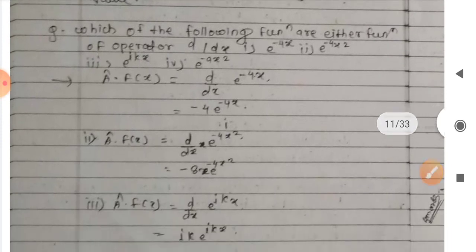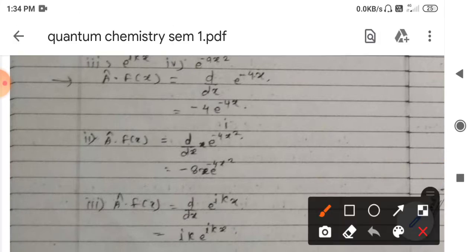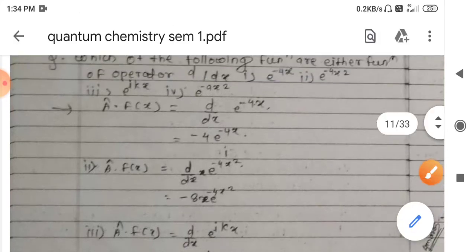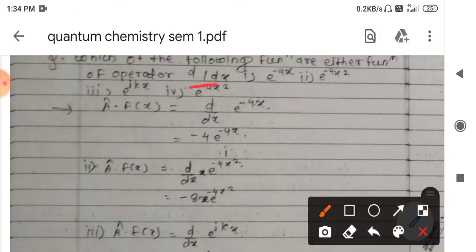Now consider the next example. Which of the following functions are eigenfunctions of the operator or not? We need to check whether the given three exponential functions are eigenfunctions or not.